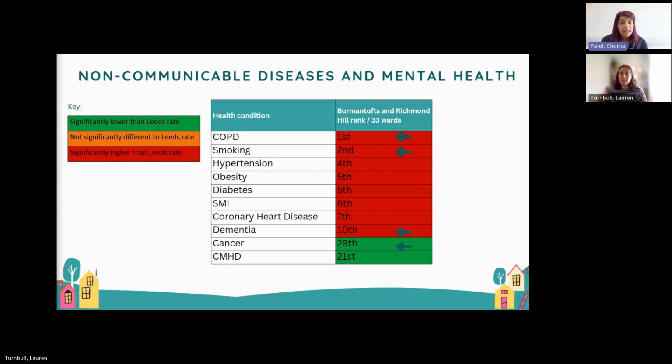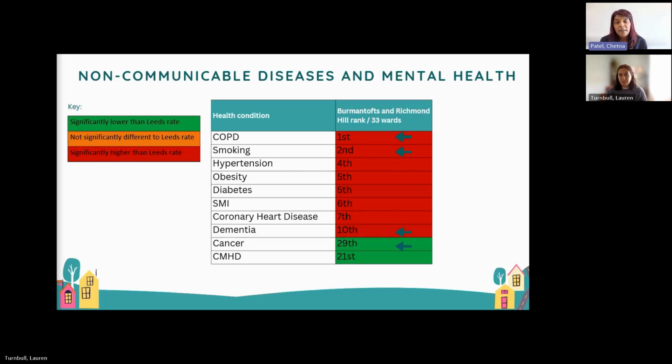You can see for Bermontoft and Richmond Hill, we've got a ranking there out of the 33 wards. And for COPD and smoking, we are ranked first highest and second highest, respectively. So within the top 10, we've got those rankings. So we're significantly higher than in Leeds.